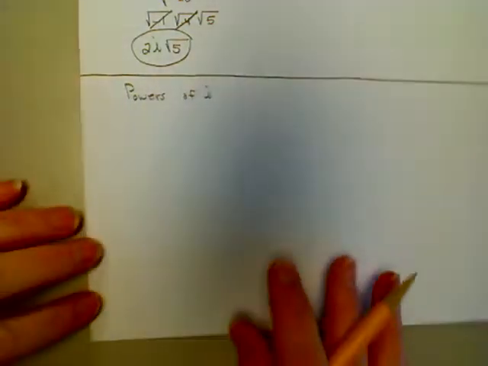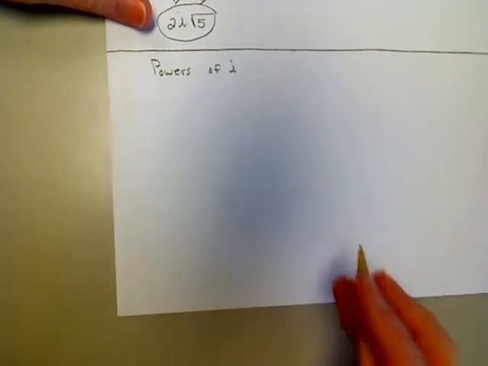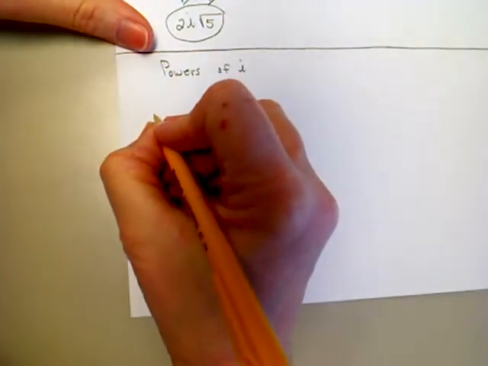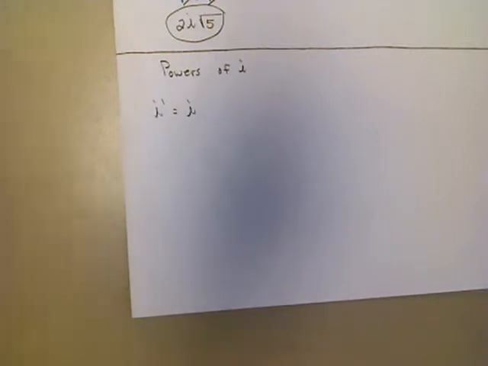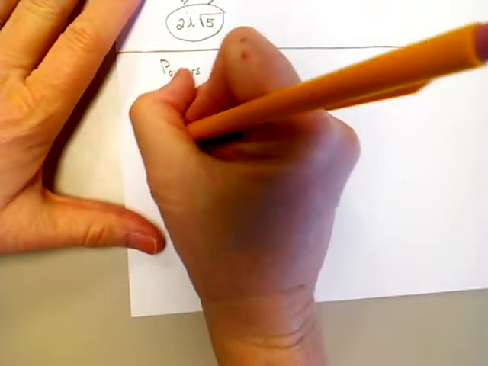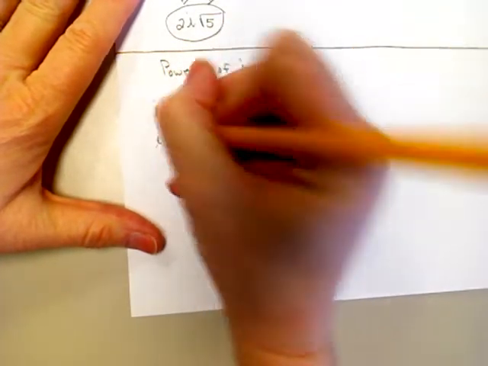So let me write these down, and I'll show you the pattern real quick. So i to the first power equals i, because anything to the first power equals itself. And i squared equals -1.